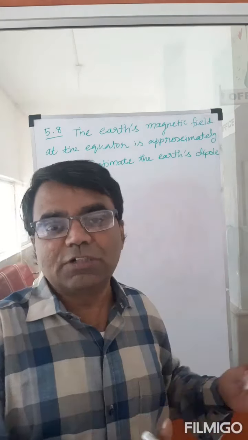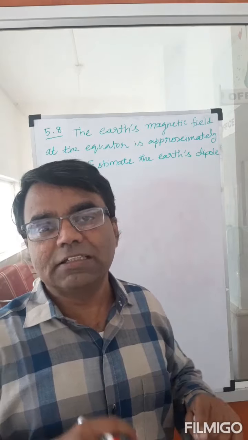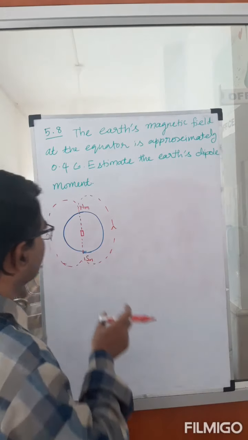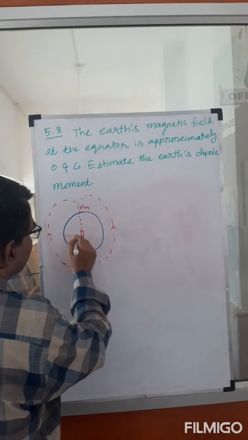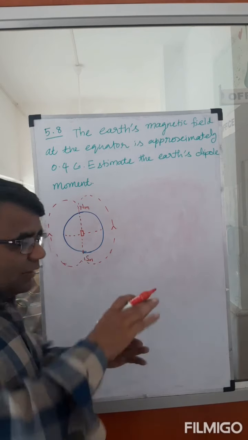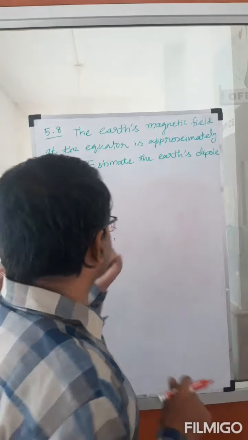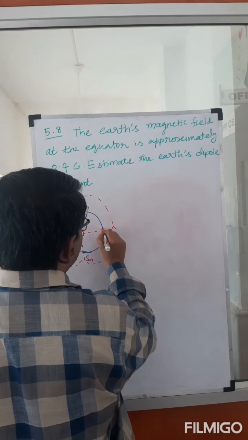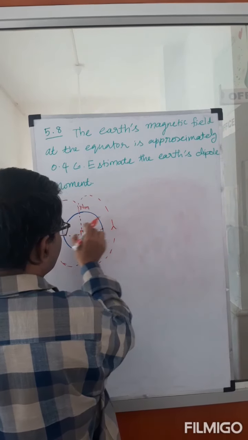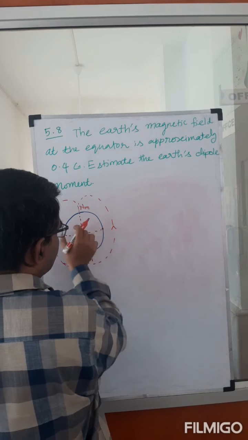We derived that equation, and there is also another equation for the magnetic field at a point in the equatorial plane. That is given by, let's say I will take this point, which is on the equator.